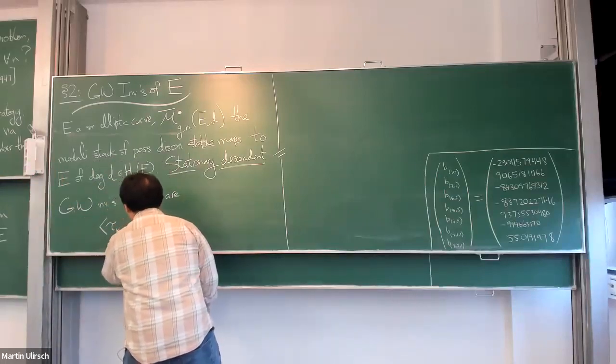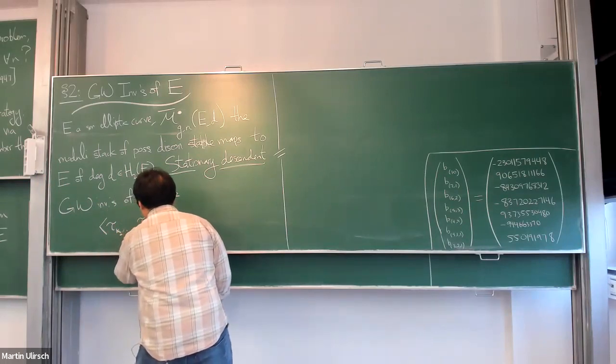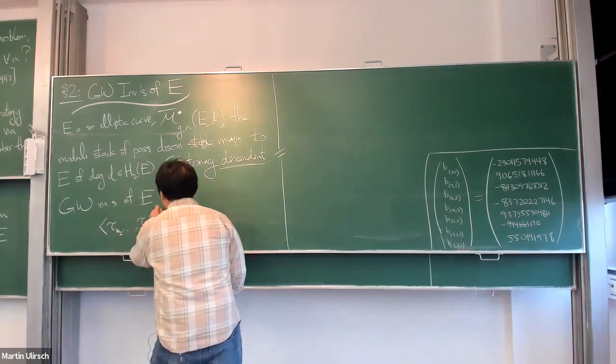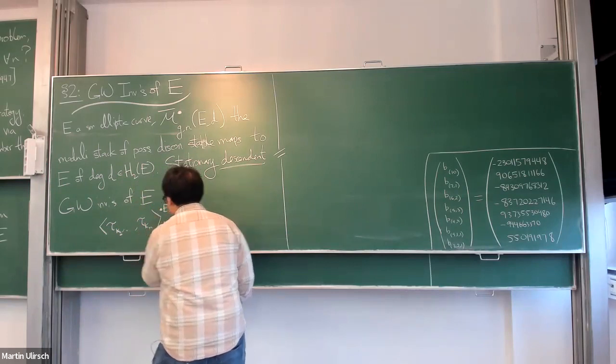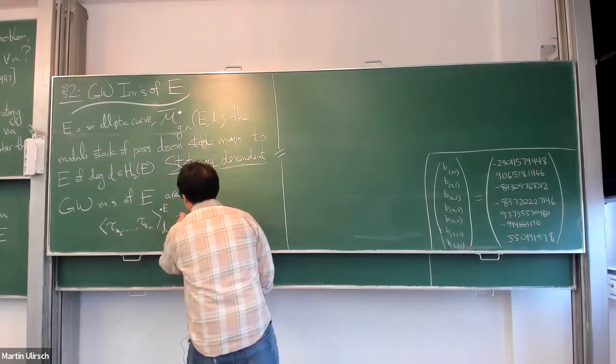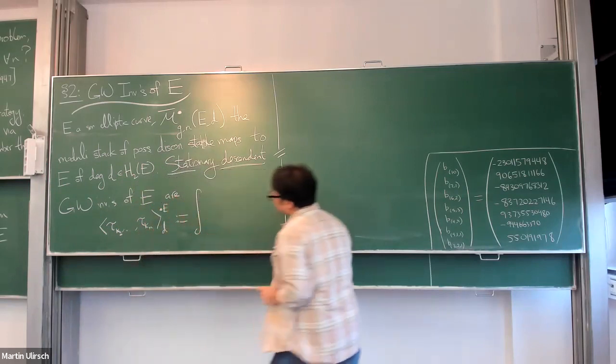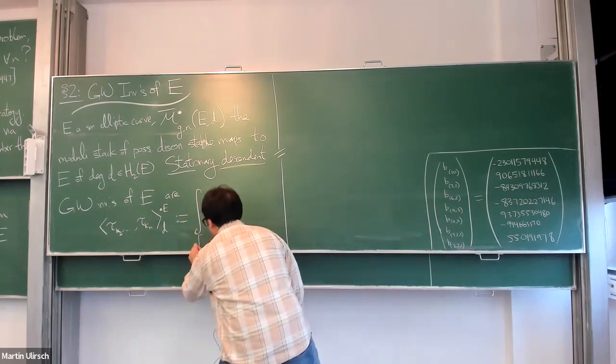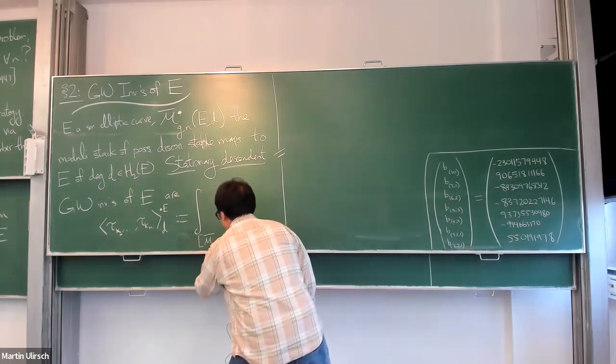Through tau Kn, circle E, lowercase e, and this is defined to be, we integrate over the virtual class.